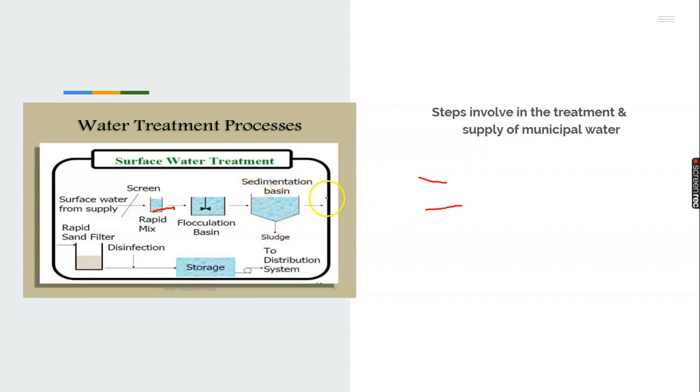They settle rapidly and you can pass through the filter bed. That's the fourth one, filter bed, to remove the fine impurities, and followed by disinfection where you add your chlorine, and the last one, storage, from where you now send it through pipes to the tank.